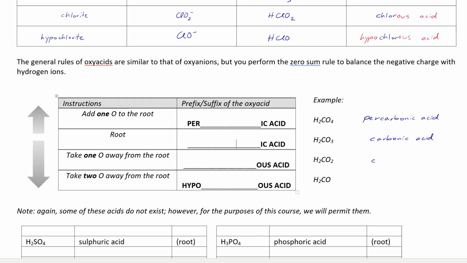H2CO2 would be carbonous acid, just literally following the rules right beside here. And then one oxygen away from that is hypocarbonous acid.